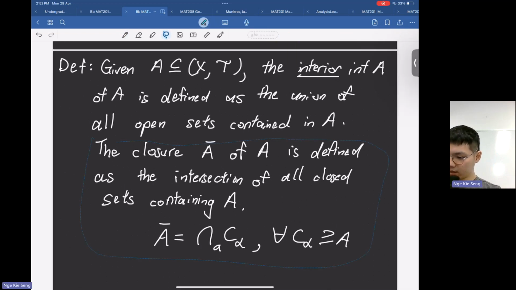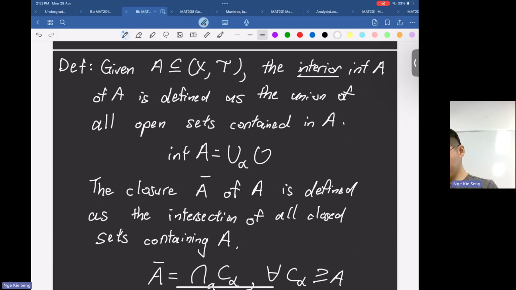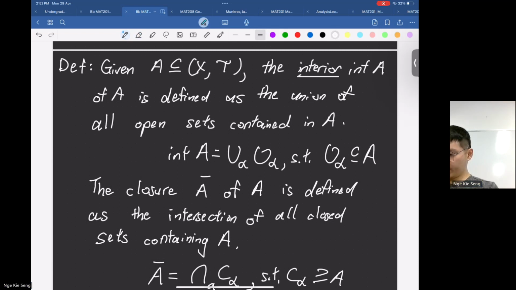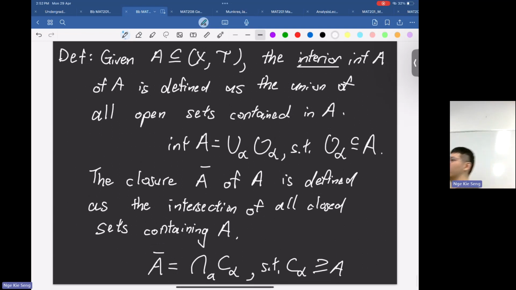How about the interior? The interior of A should be defined as the union of all open sets, let's write O alpha, such that O alpha is in A. Can you see the difference between these two definitions?